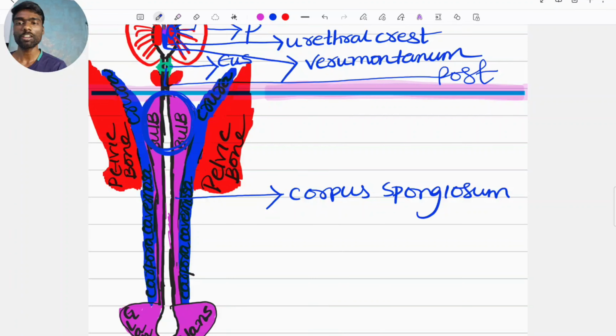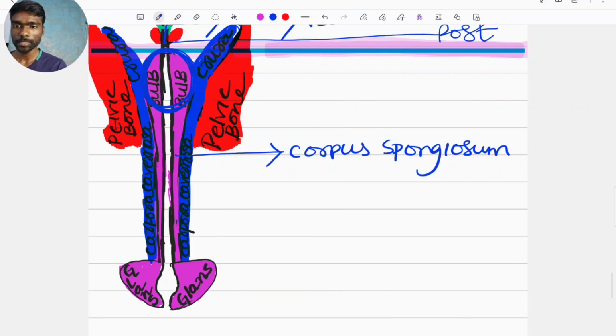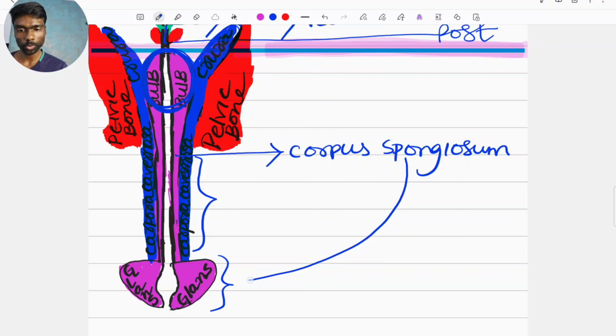Here at the root of the penis, the corpora cavernosa divide from each other and form crura, which attach to the pelvic bones. Next, this is the shaft or body of the penis. This is the glans penis. The glans penis is also formed by corpus spongiosum only. This is the distal dilatation.